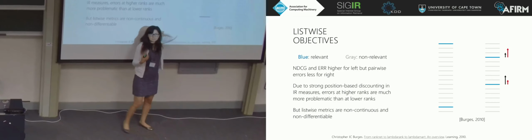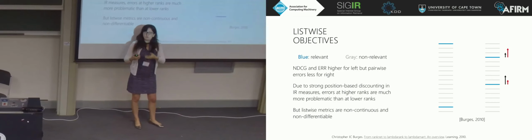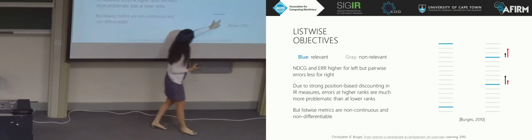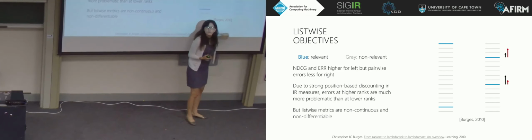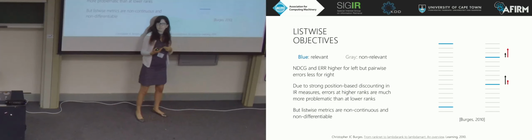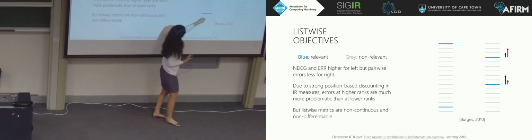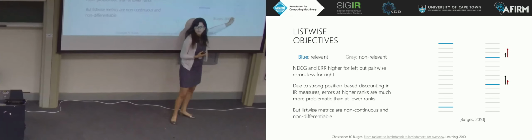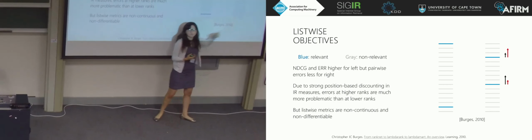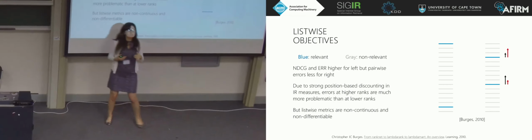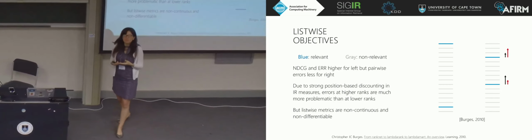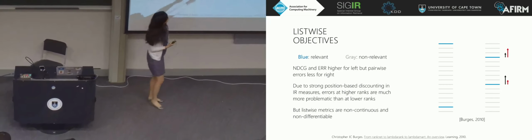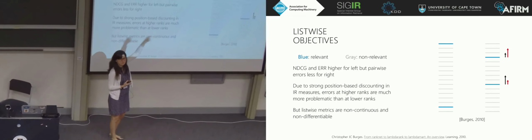Therefore, we need a loss metric that also has a higher quality score for this one compared to this one. But if you were to just look at a pairwise metric, this one would have a lower quality score compared to this one. That's why using the RankNet objective of just using the pairs is not ideal. We need a metric that gives much more weight to getting that top item right.